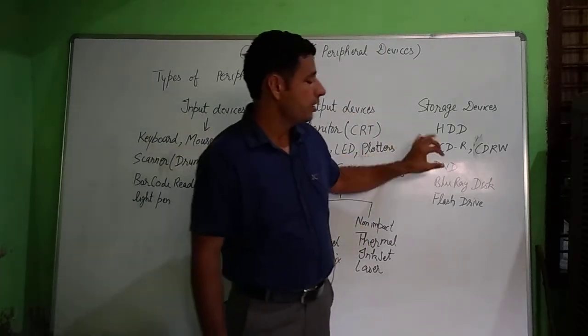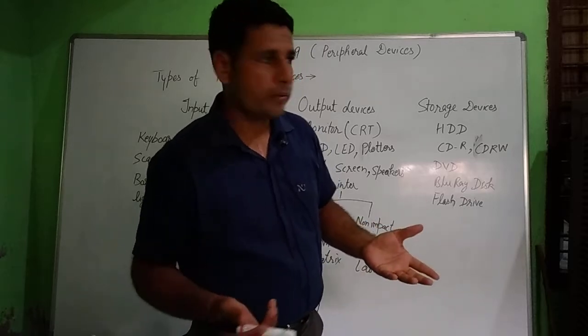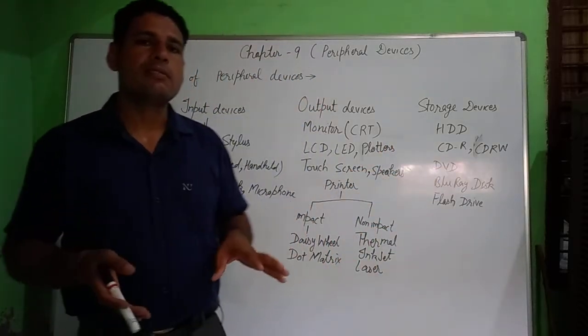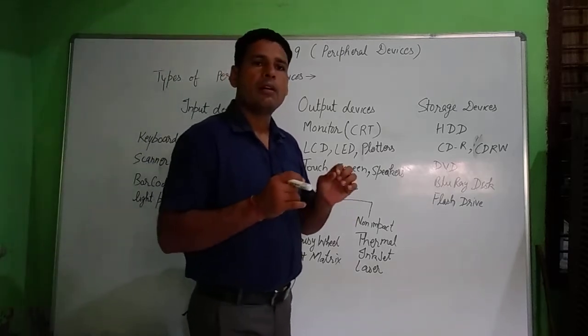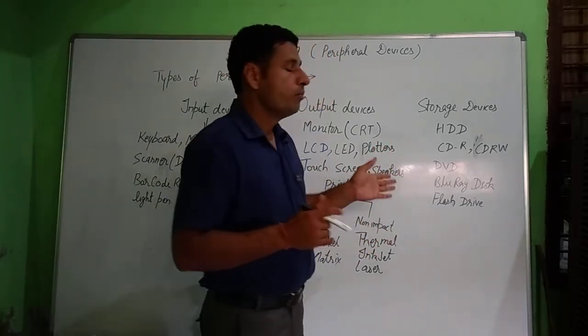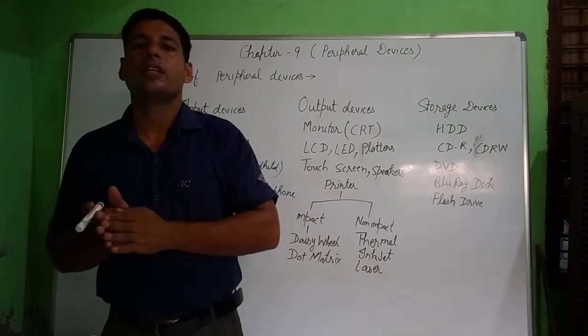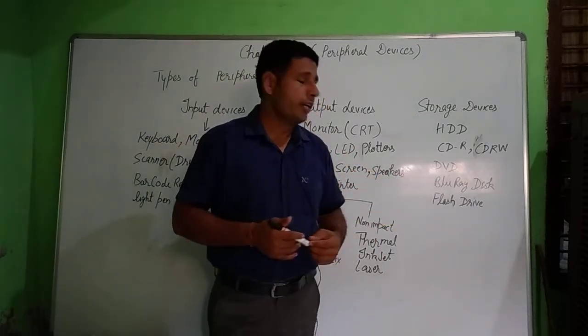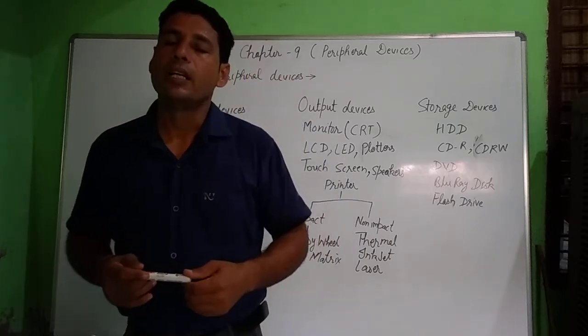Next we are having DVD. They are also of two types, DVD-R or DVD-RW. Digital versatile disk. They have more storage capacity than your CD. Next we are having Blu-ray disc.